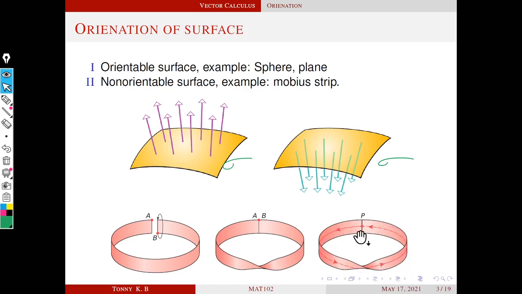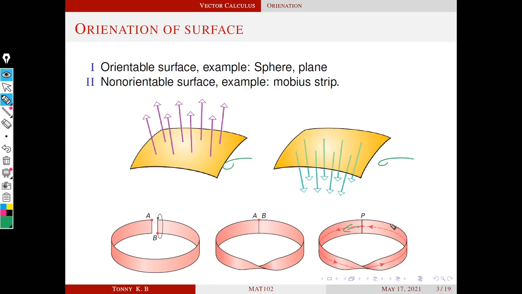It is clear that this Mobius strip has only one surface, in the sense that suppose you are starting from this point and moving in this direction. Whenever you move up to this point, then you turn 180 degrees around, and you come to the outside of the strip.